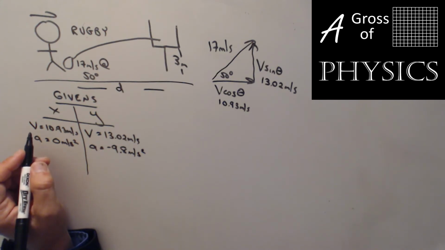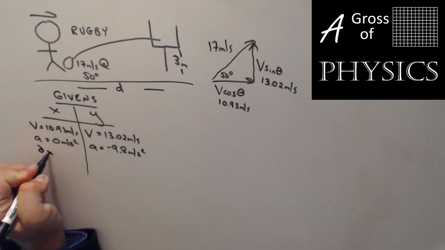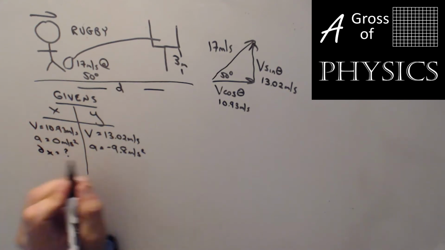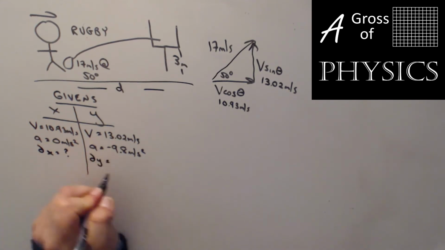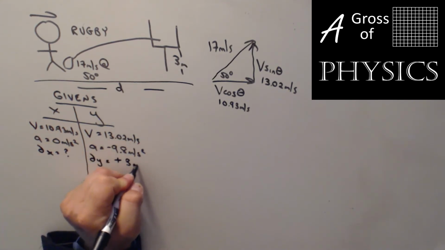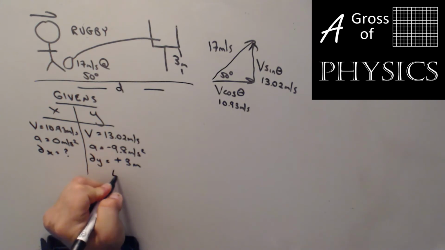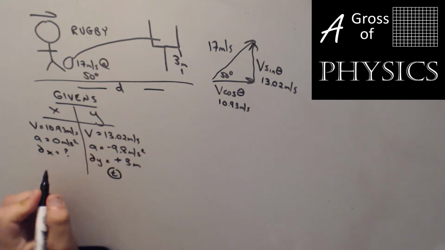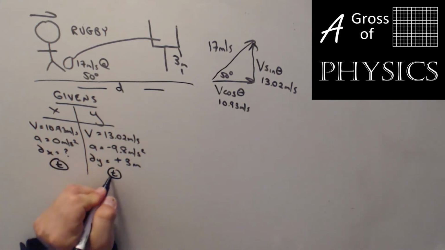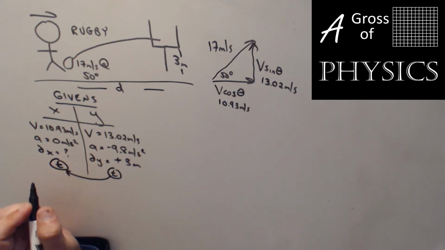At this point, we want to find dx. We don't know what it is, so I'm going to put question mark. And then dy is positive 3 meters because it moves upward 3 meters from where it started. All right, so we're going to solve for t and plug it back in and figure out our displacement in the x direction.